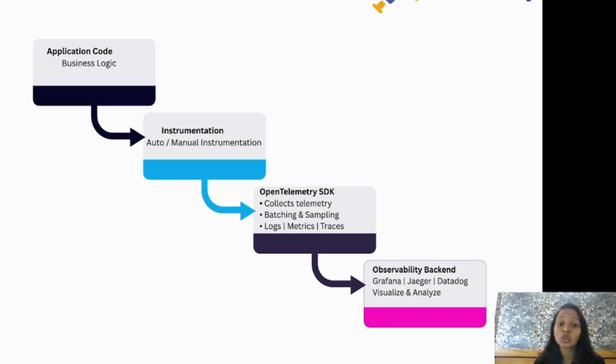The application should focus on business logic and generating telemetry. Heavy processing, filtering, and routing should happen outside the app, which is why the collector exists. The exporter acts as the boundary crossing component between the app and the external system. So now I think you are getting the overall architecture of OpenTelemetry.